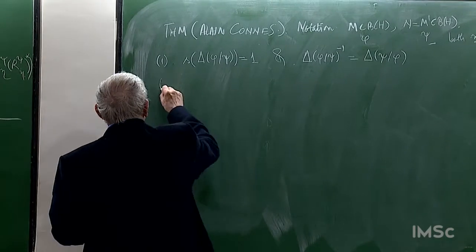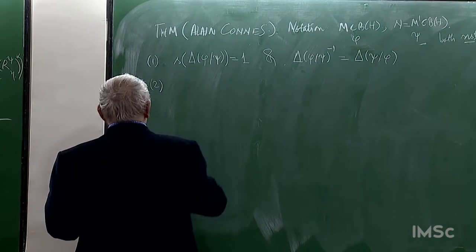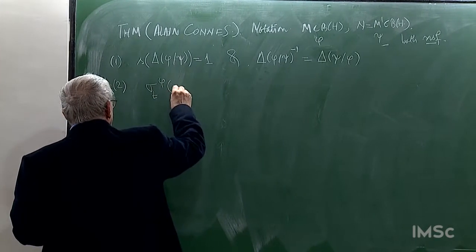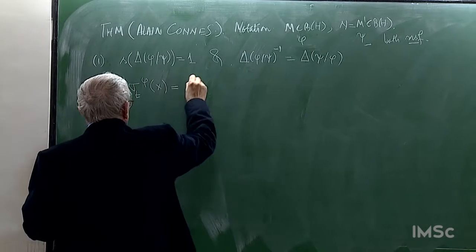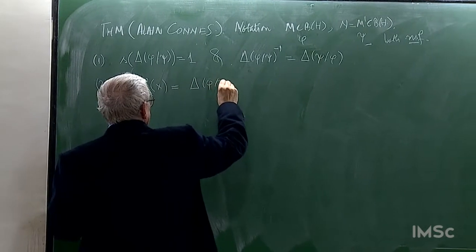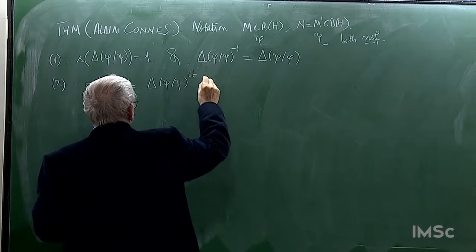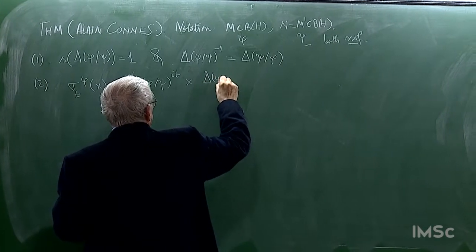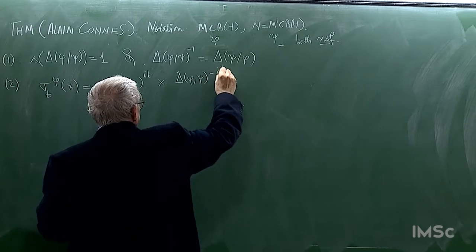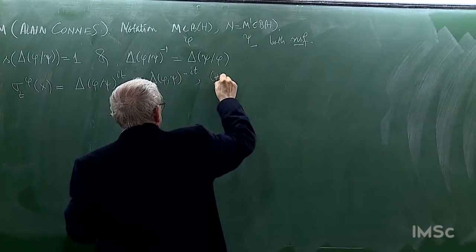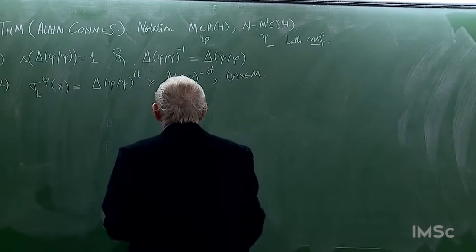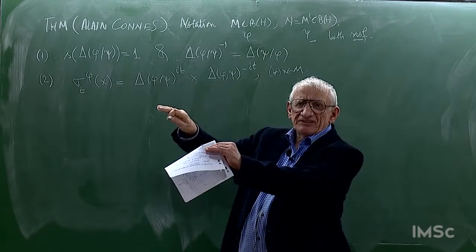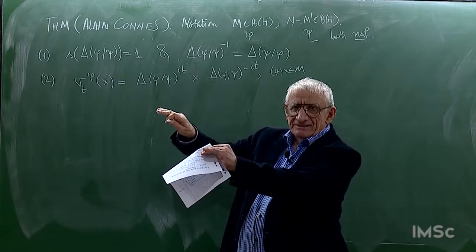A second assertion is the fact that sigma t phi, the modular automorphism group of phi, of x is delta phi psi to the it, x, delta phi psi to the minus it, and this happens for every x in M. So you have a kind of modular automorphism in a given representation of M, right?